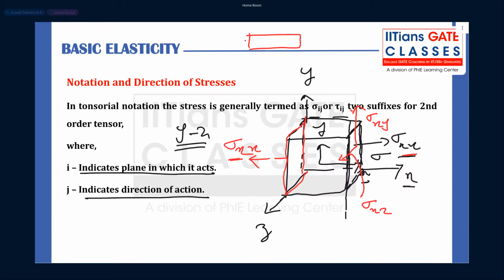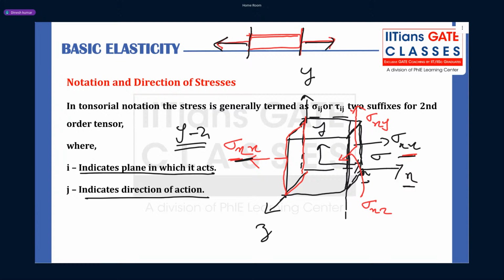Tensile stress means the stress goes away from the section. It is not about the direction. This stress is going away from the plane, and the same way on this plane it is going away from it. So it's a tensile stress, though it is going in the negative x direction.